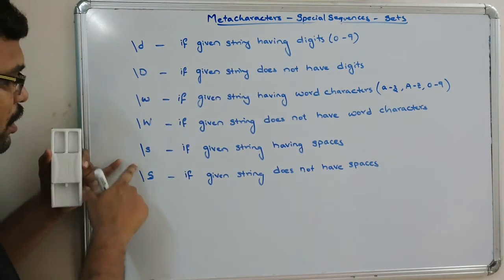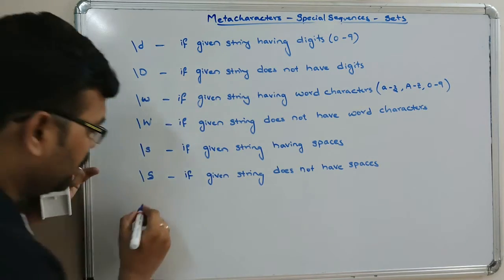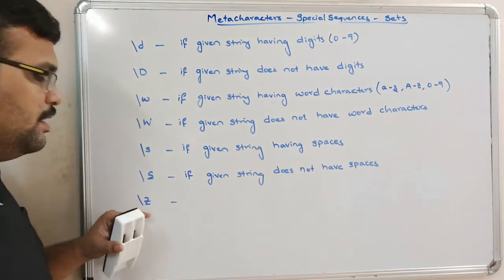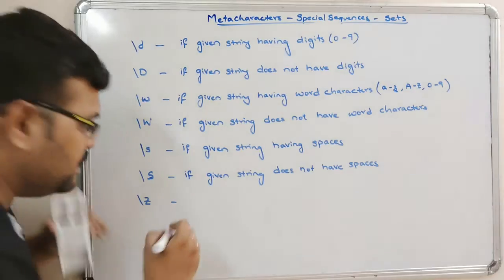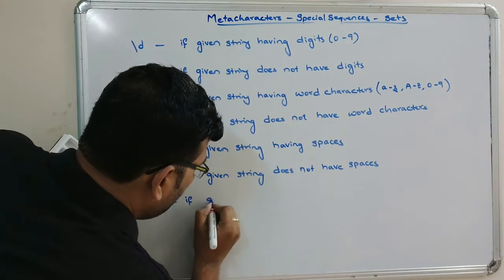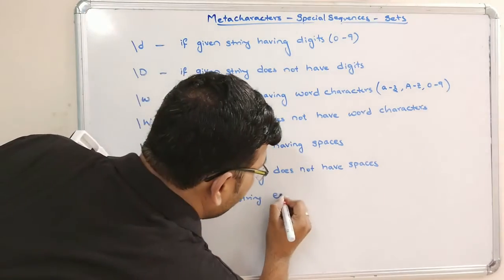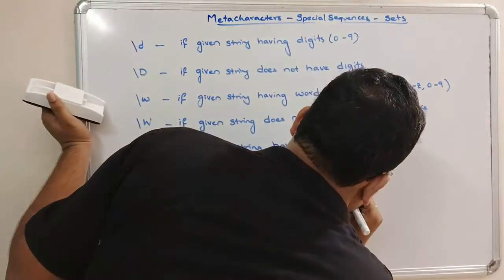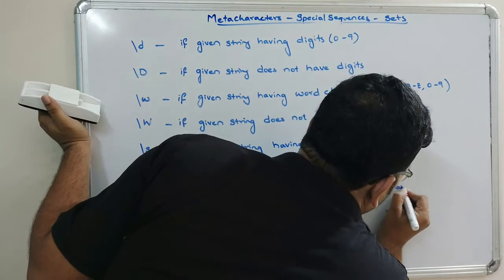Okay. Small lowercase, uppercase, right? Then capital Z. This is similar to our dollar symbol, right? So it returns a match if a given string ends with the specified characters.